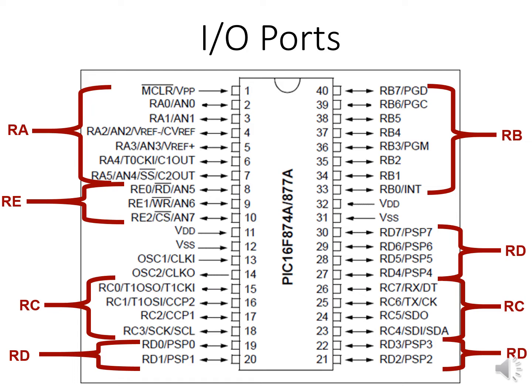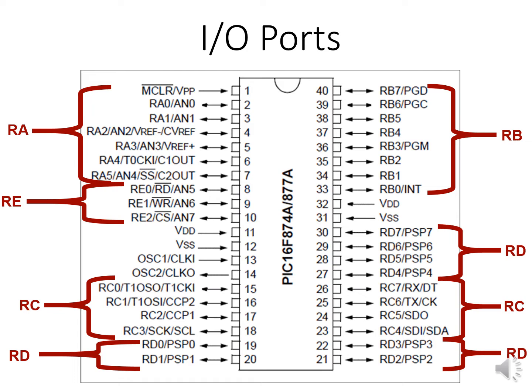Port A has 6 port pins. Port B, Port C, and Port D have 8 pins each, and Port E has 3 pins. The individual pins within the ports are named RA0, RA1, up to RA5 for Port A. For Port B, the names are RB0 up to RB7.